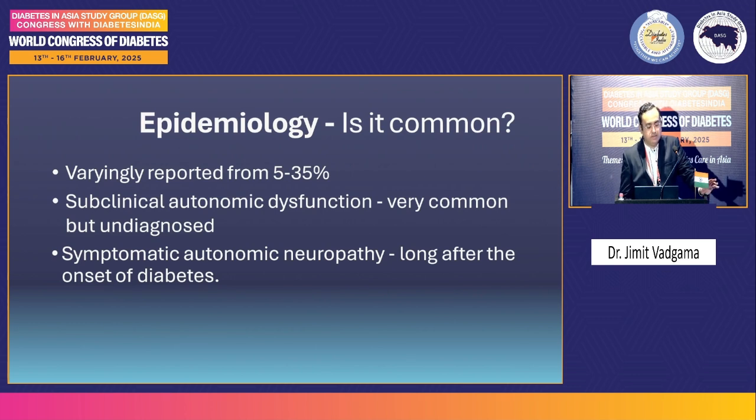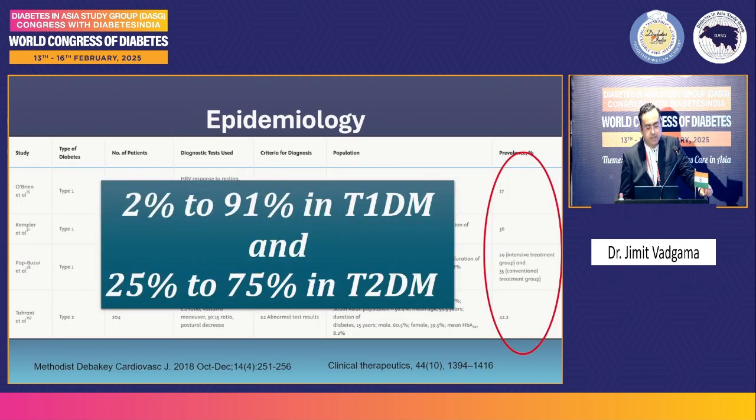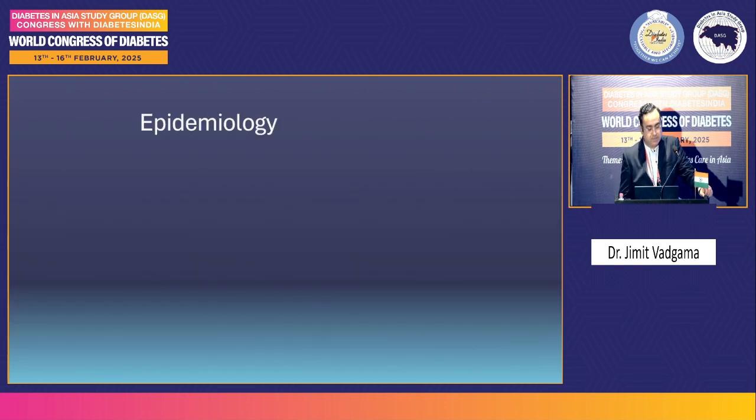Subclinical dysfunction is very common, but it is undiagnosed, especially in our country. Symptomatic autonomic neuropathy occurs long after the onset of diabetes, with an occurrence rate of 2 to 91% in type 1 diabetes and 25 to 75% in type 2 diabetes.